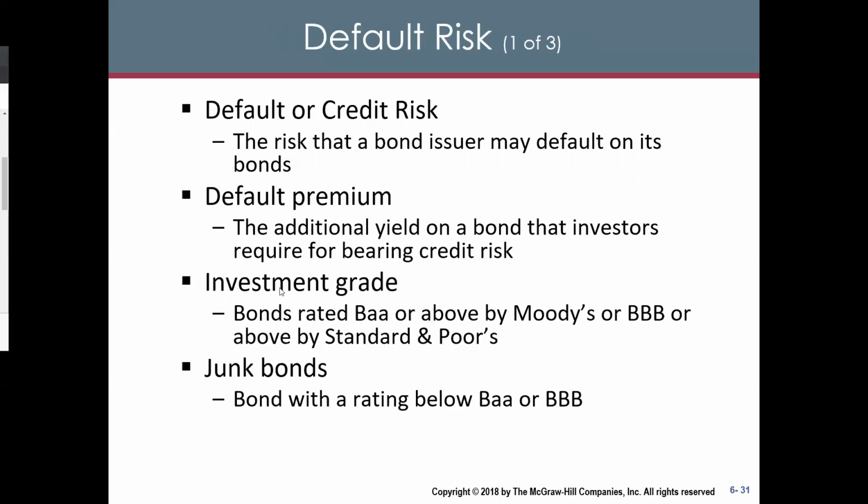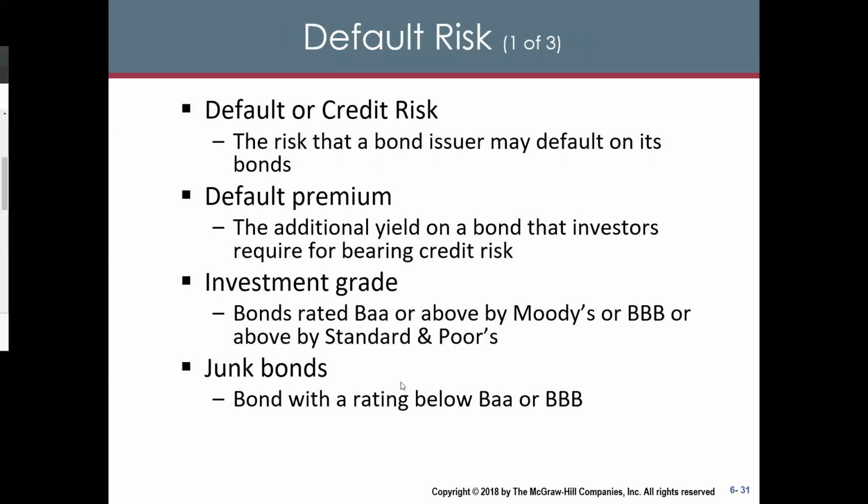There are also different grades for bonds. The investment grade is a bond rated Baa or above by Moody's, or BBB or above for Standard & Poor's. So investment grade means the bond is reliable, with reasonably low default risk. And there are also junk bonds, which are on the other side.